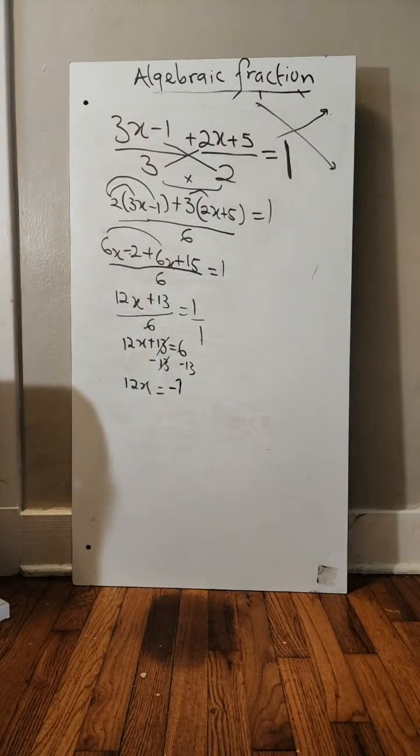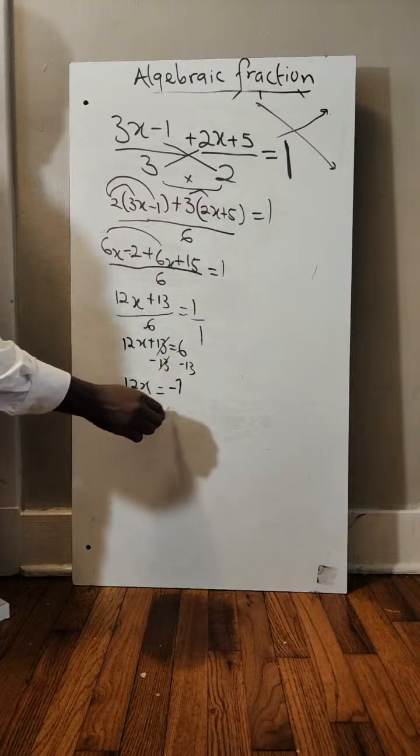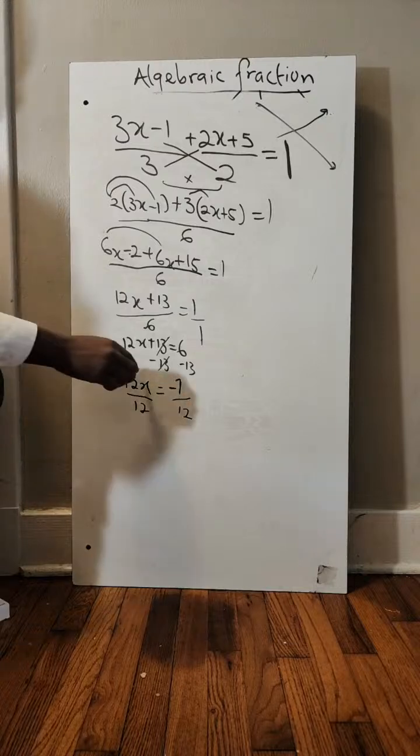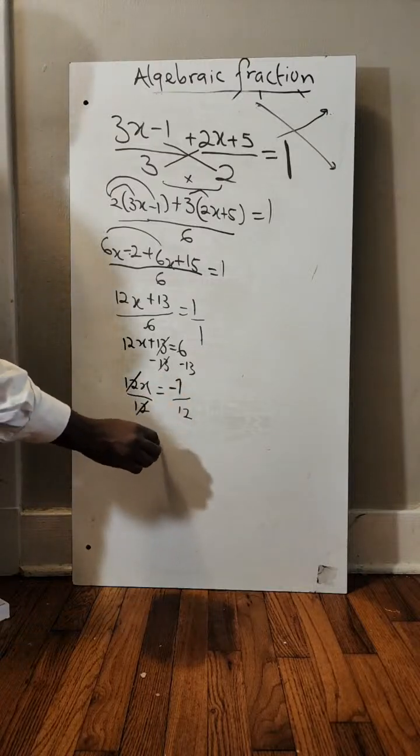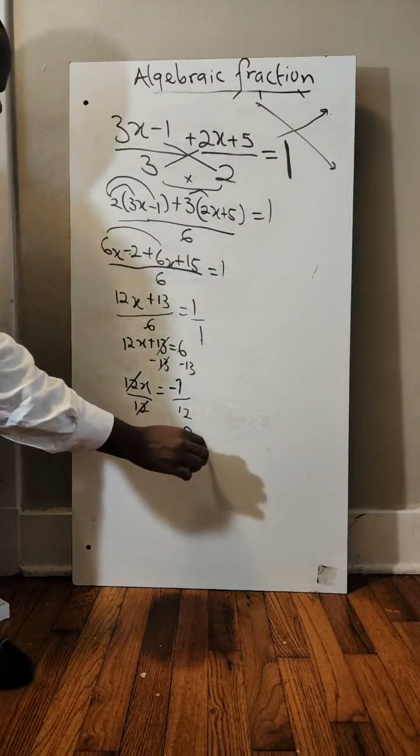And to solve for x, the next thing you do is to divide both sides by the coefficient of x, which is 12. And finally, 12 cancels out 12, we have x equals negative 7 over 12.